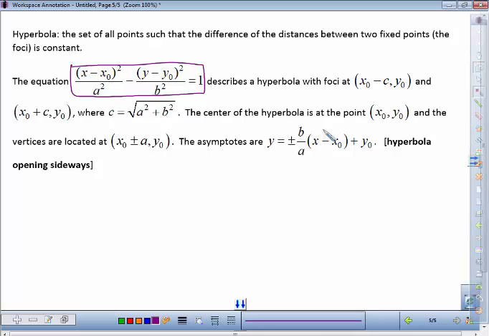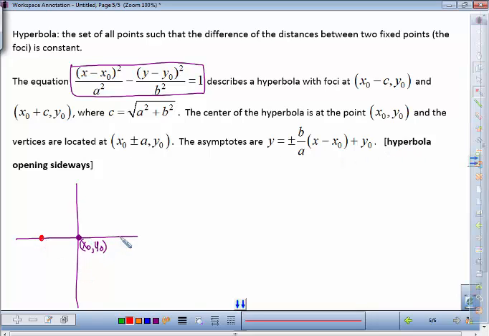So let's get this kind of sketched out the way we did the other one. So again, you have some new axes that it's not necessarily your x or your y axis, but it's based on your center point. So your center point is x naught comma y naught. And you have your foci. I guess in this case we're going to open sideways first.